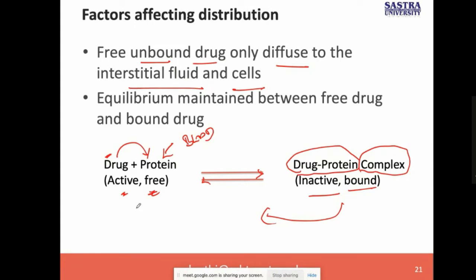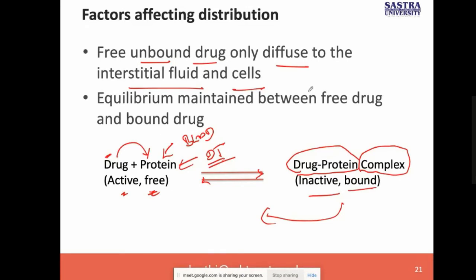If your drug target is in the blood, for that case also these concepts are applicable, unless this protein is our drug target. I don't know whether you understand or not. Could you repeat it?